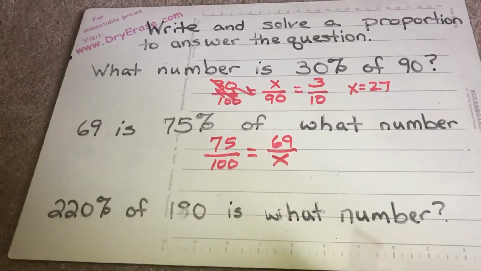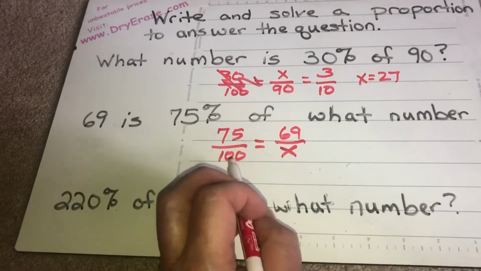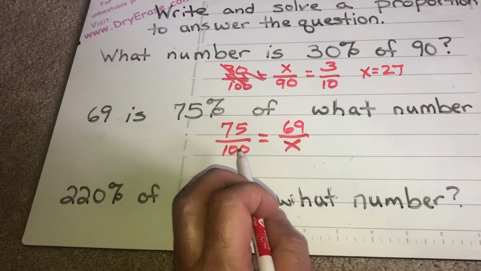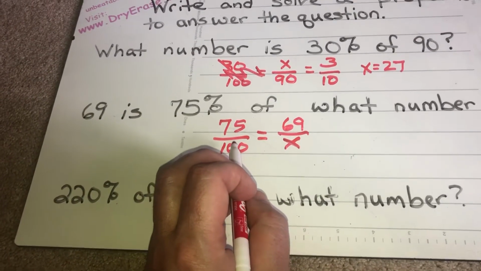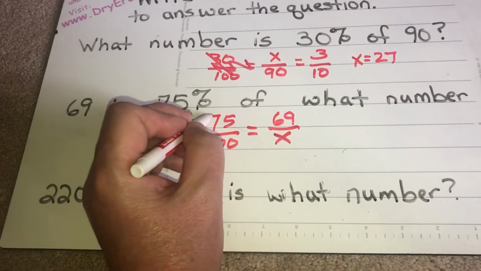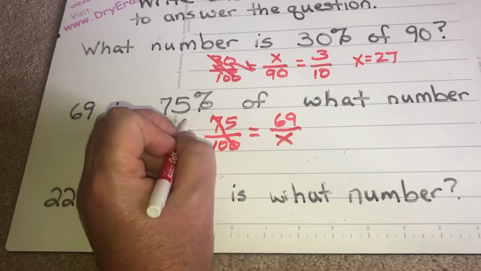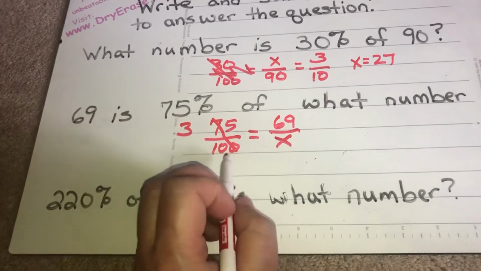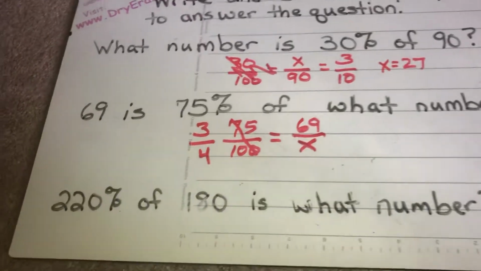The 69 is the 75%. Once again, I always find it easier to put things in simplest form. Okay, 75 and 100, I know that those are both divisible by 25. Okay, so 75 divided by 25 is 3. 100 divided by 25 is 4.